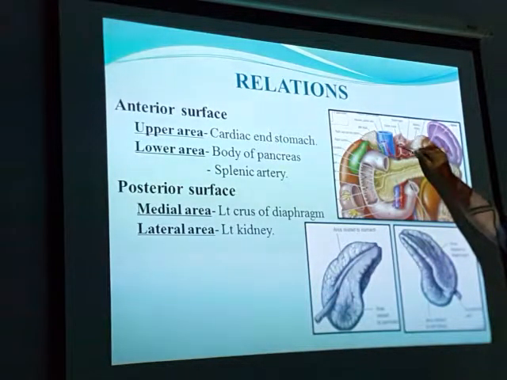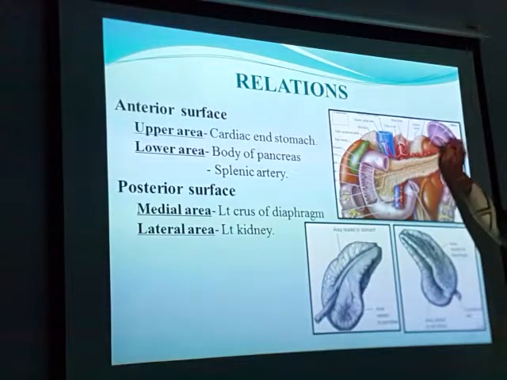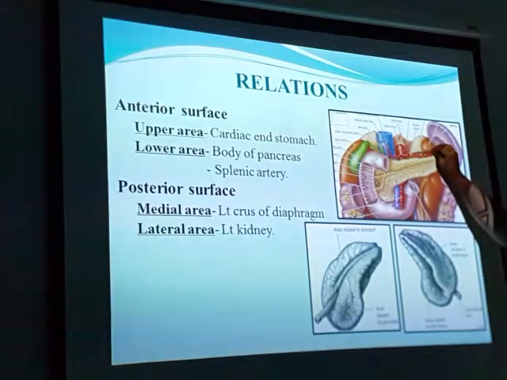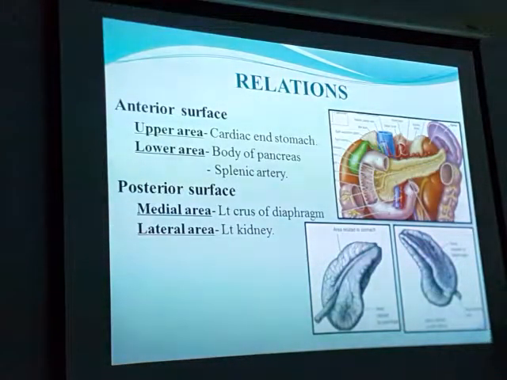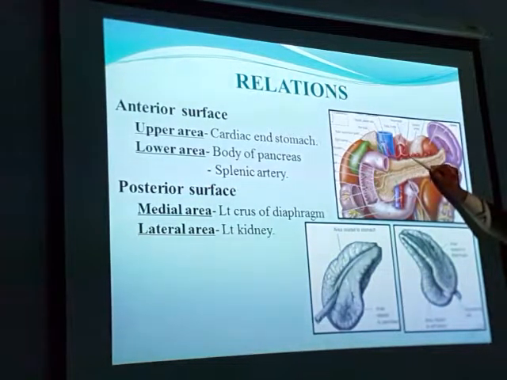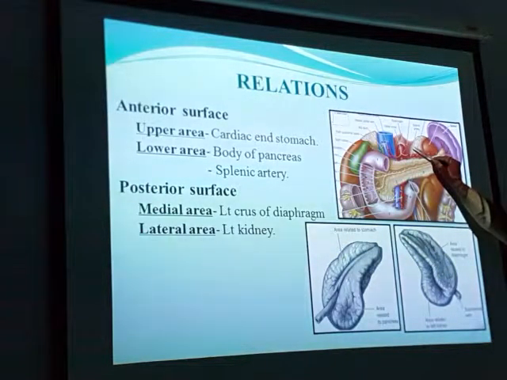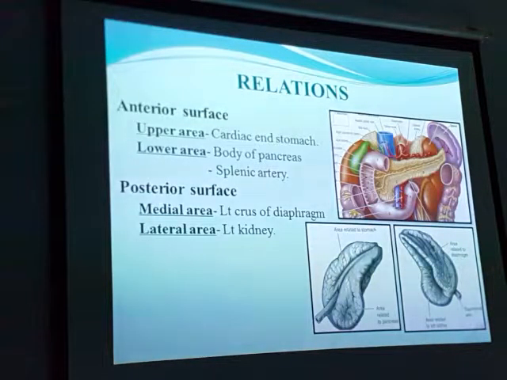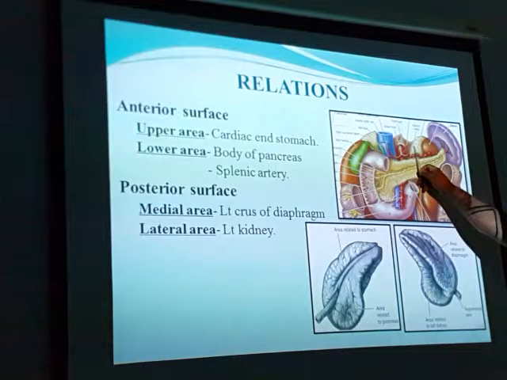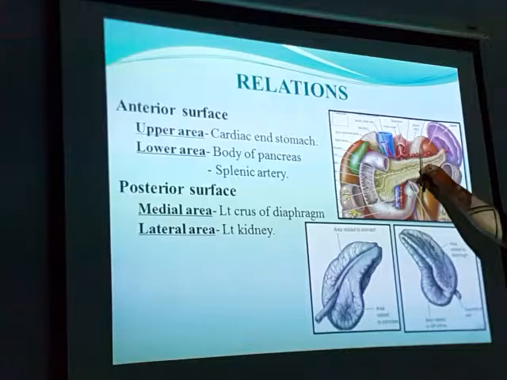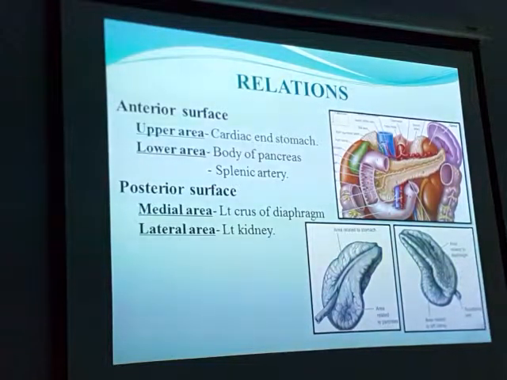Here are the right crus and the left crus of the diaphragm, the origin point of the diaphragm muscle. So the medial part of this gland is related with the left crus of the diaphragm, and the lateral part is related with the kidney.